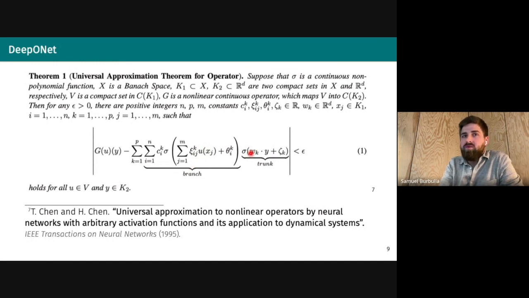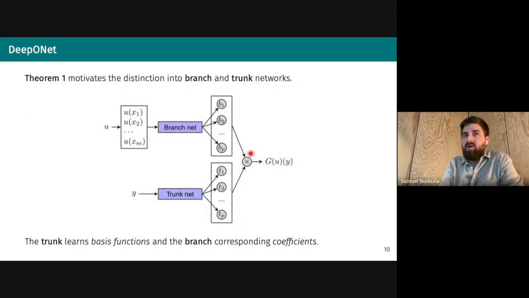And that motivates to have the following architecture. It's directly motivated from this theorem to separate a DeepONet into two networks. The first one gets the input function u, evaluates this at a set of sensor positions, puts them into a branch network. In the theorem, it was a simple linear layer with activation function, but in general, it can be any neural network with universal approximation properties, and you get a vector b1 to bp out of it.